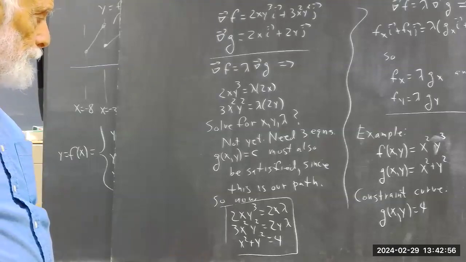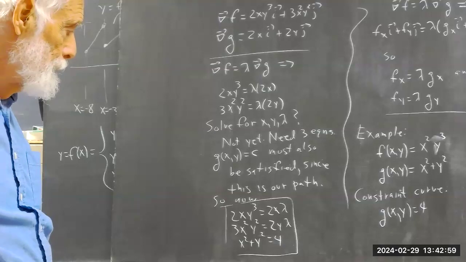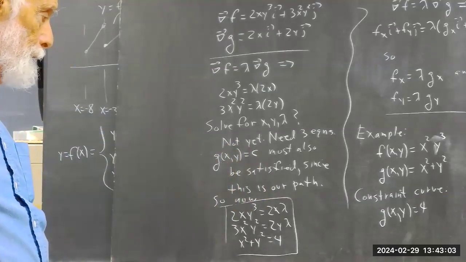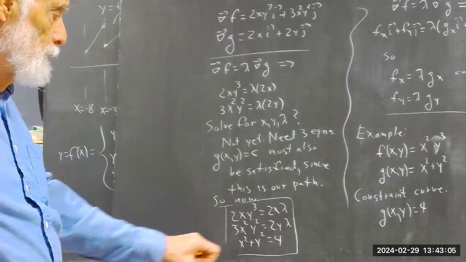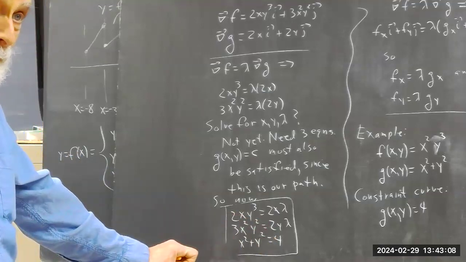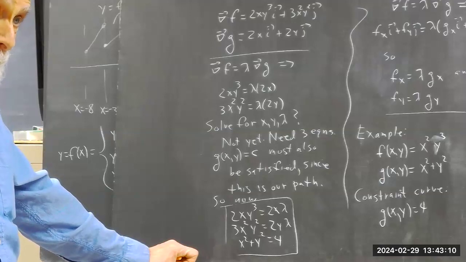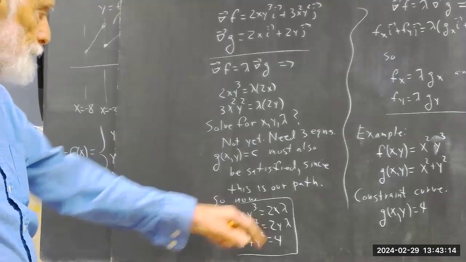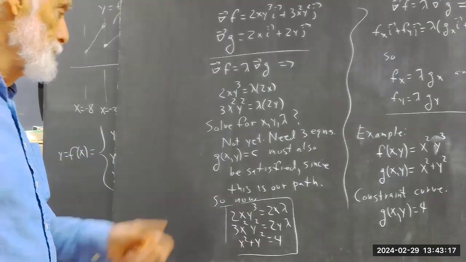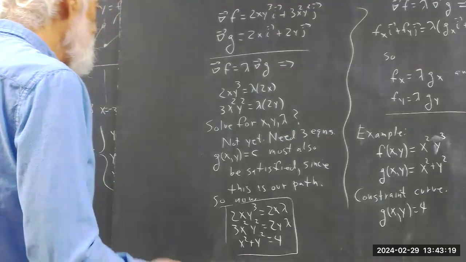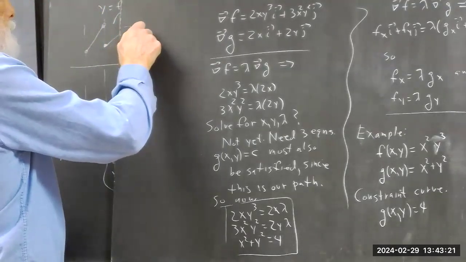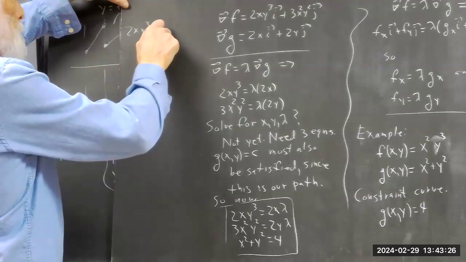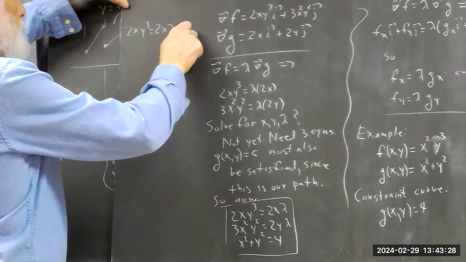Yeah, maybe better to solve each equation for x, because at least in the first one, x appears as a linear term. The second equation for y would be a little bit complicated. You can solve it. Actually, solve each equation for x and you get an equation in y. It's less complicated than what I was thinking. Well, okay, 2x y cubed equals 2x lambda.